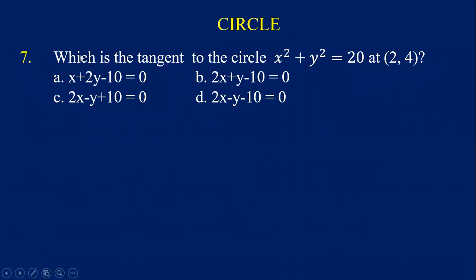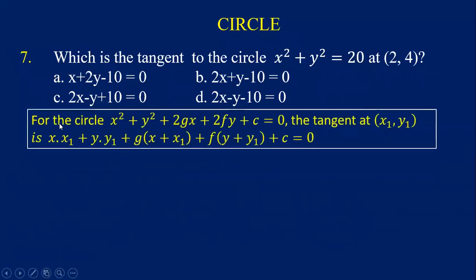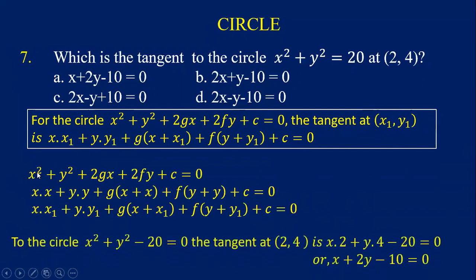Question number 7. Which is the tangent to this circle at 2, 4? We will find the tangent at 2, 4. See, for the circle, this one, the tangent at 2, 4 is this. We need to discuss how we express this. You see, this is x square plus y square plus 2gx plus 2fy plus c.